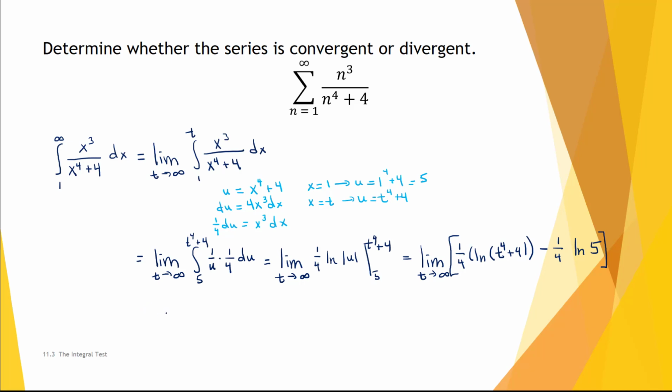Now, as t approaches infinity, t to the fourth plus 4 approaches infinity, which means natural log of t to the fourth plus 4 approaches infinity. So this limit is infinite.